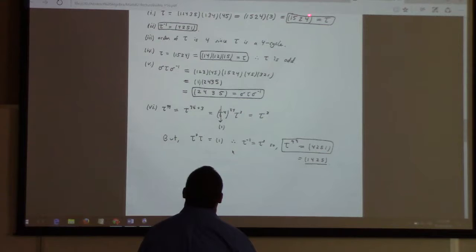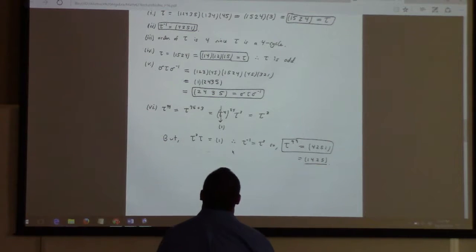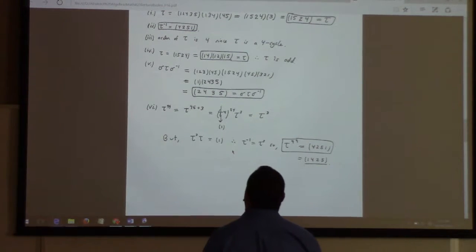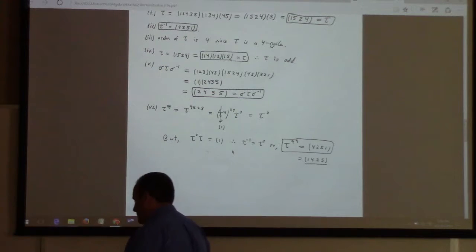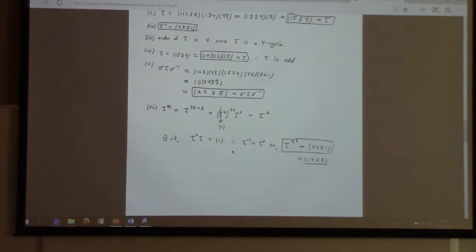It should have 1, 5, 4, 2, 1, 5, 2, 4. I've got a 1, I got a 5, a 4. This 3 does not belong. Let me think about that. 4 goes to 5. 5 goes to 2. 2 goes to 3. Oh, man. Son of a gun. Pretend this didn't happen. I'll have to go look at this again.